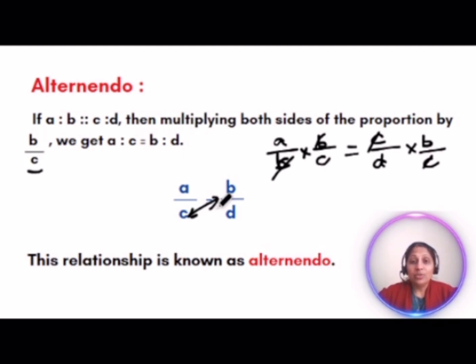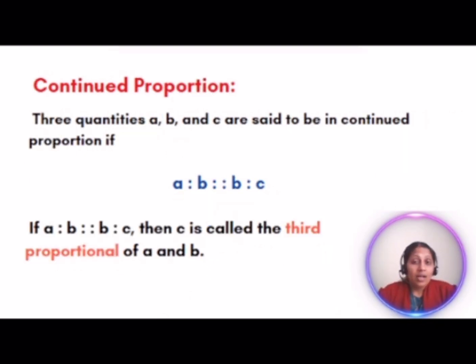Okay. So the next and the last one is your topic, continued proportion. And this is very, very important. Why? Because this compares three quantities which have a basic relationship between them.